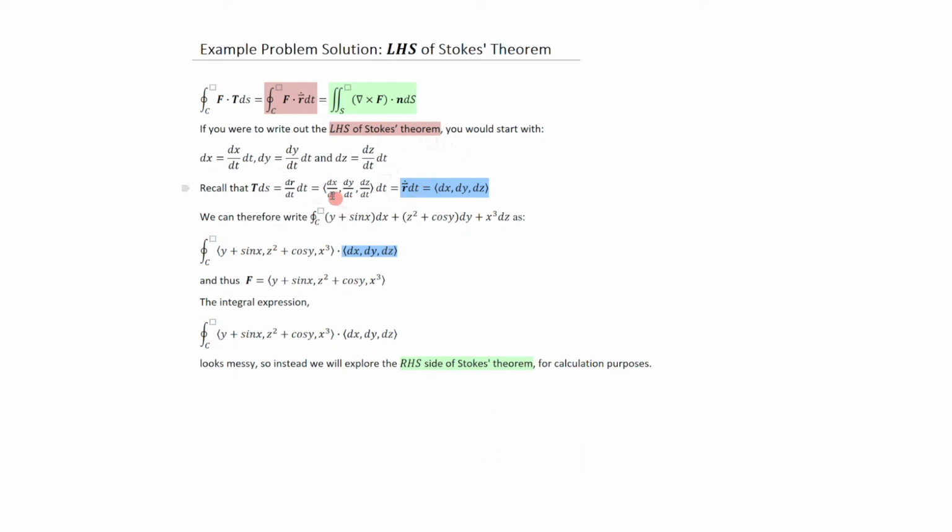If you multiply through, this is also equivalent to (dx, dy, dz). So this is the explicit representation, and this is a parameterized representation. That means we could write the expression we were given as this explicit form dotted with (dx, dy, dz). From this it's clear that the F vector is (y plus sine x, z squared plus cos y, x cubed).